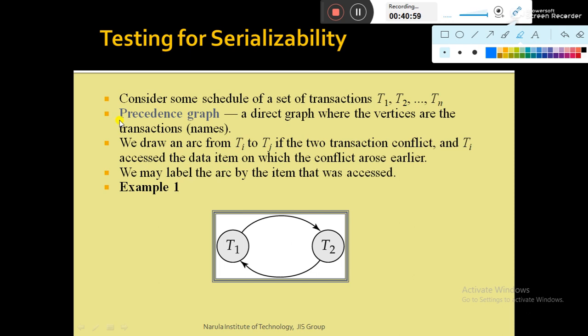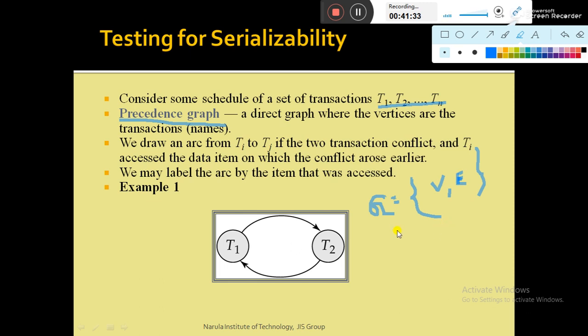We need a directed graph called a precedence graph. Consider a schedule which consists of a set of transactions T1, T2, T3, ..., Tn. With the help of this set of transactions, we are going to make a precedence graph. A graph is represented by G equals (V, E), the general way to represent any graph.